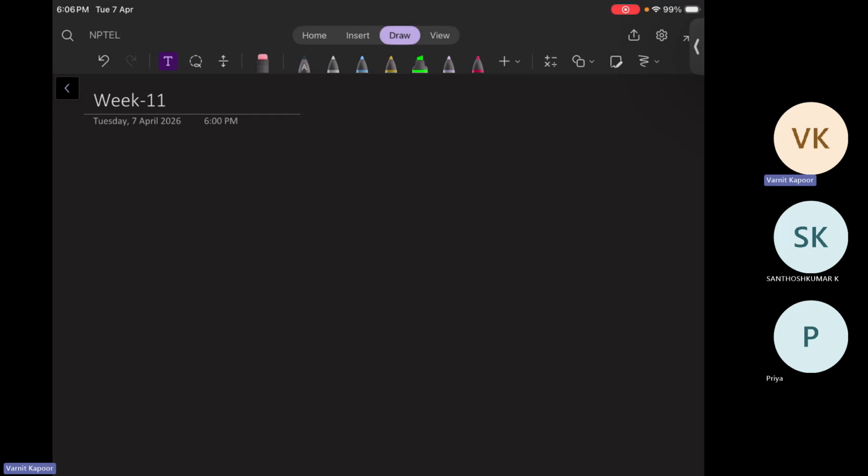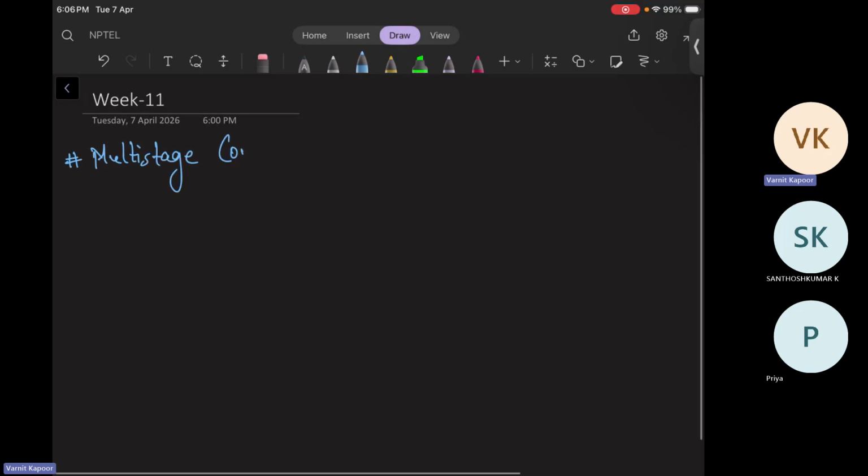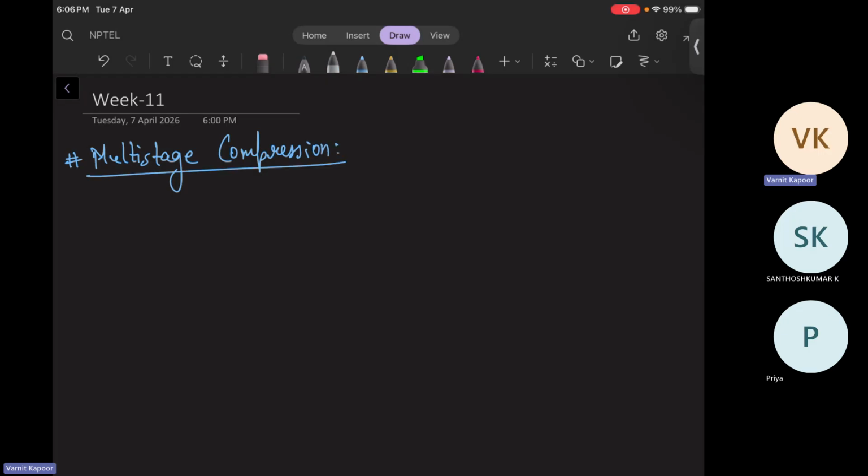All right. Okay. So let us start with the multi-stage compression. Instead of increasing the pressure in a single stage using a single compressor, we can use more than one compressor. With the increase in the pressure in a single stage compressor, the volumetric efficiency decreases. So beyond a particular value of pressure ratio, multi-staging is necessary.